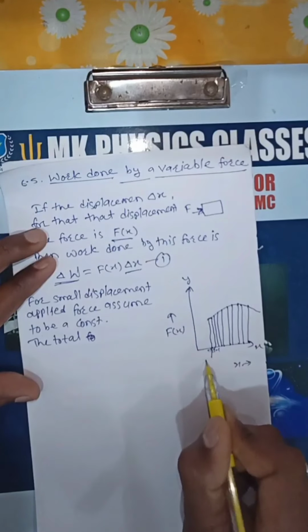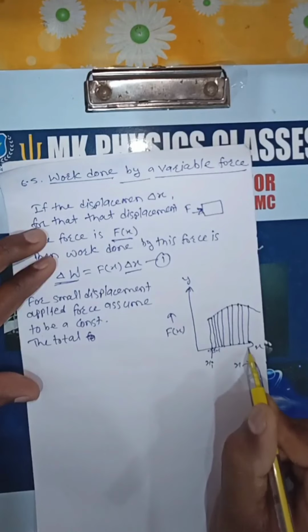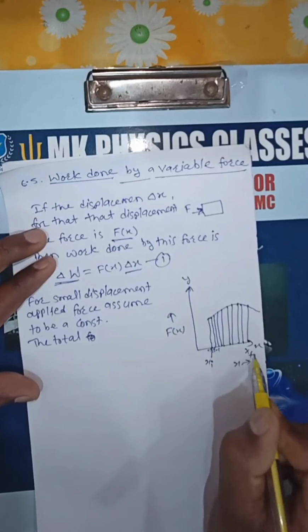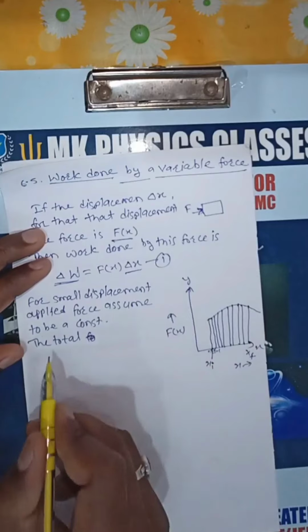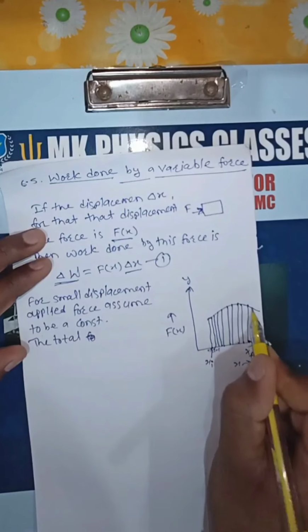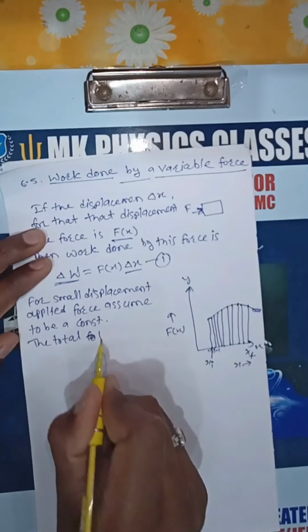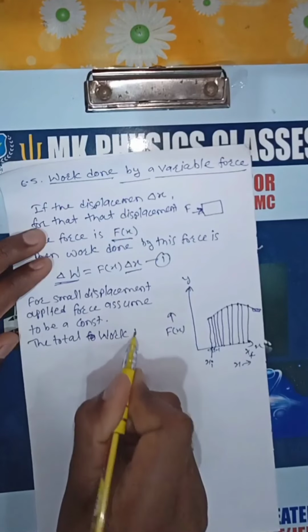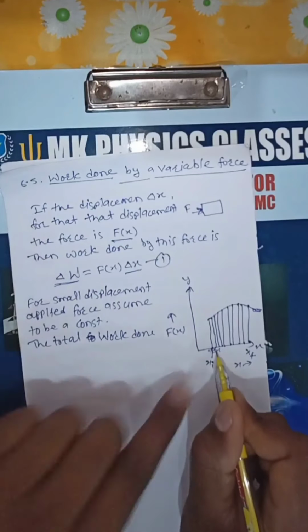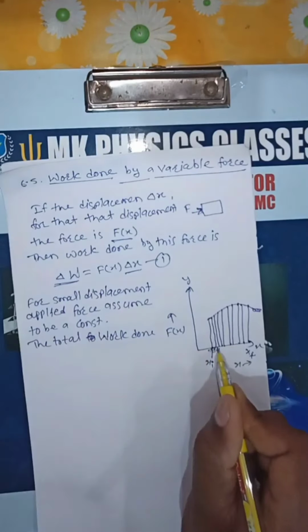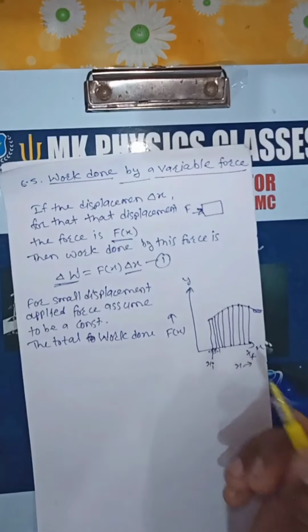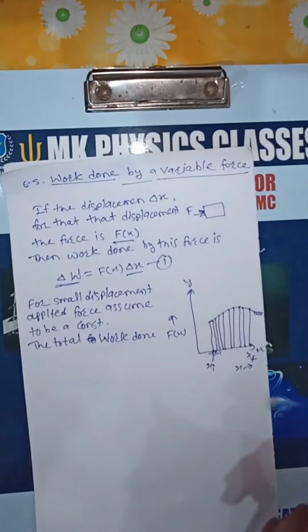Now the initial point is xi and the final point is xf. In that case the total work done means the work done by the first small delta x, the second small delta x, the third small delta x, and so on.